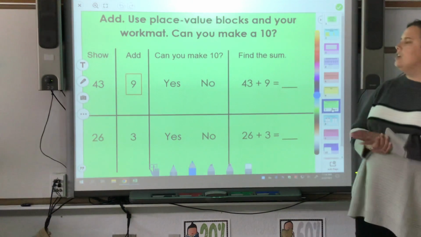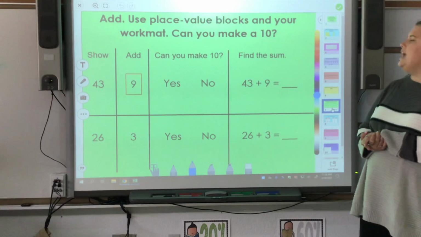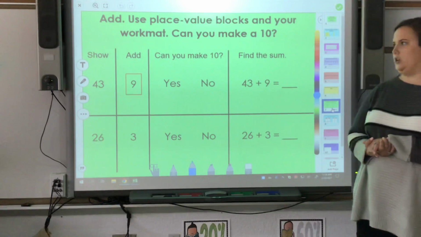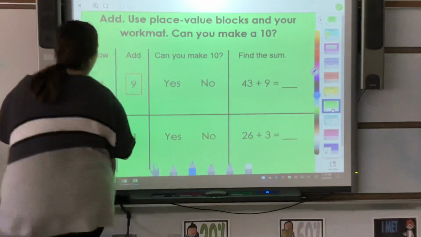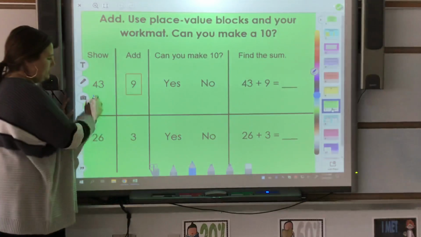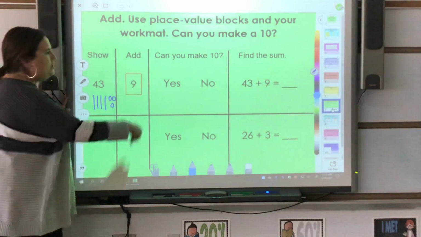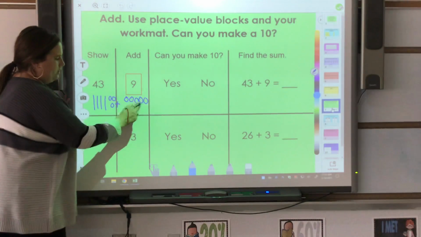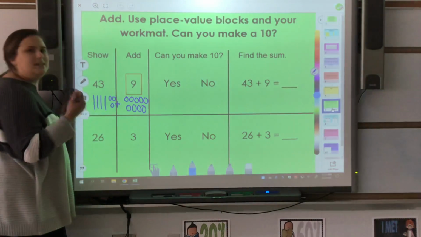All right, so let's look at this. Use place value blocks to show your work. Can you make a 10? These look a little tricky, but Miss James just likes to show her work right under each number. 1, 2, 3, 4 tens and 3 ones. And then we have to add 9 ones. 1, 2, 3, 4, 5, 6, 7, 8, 9. So with our 3 and our 9, can we make a 10?